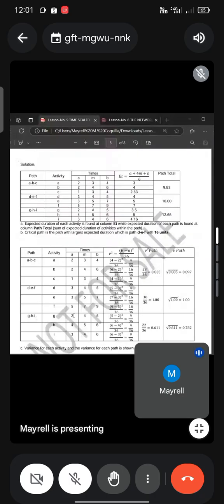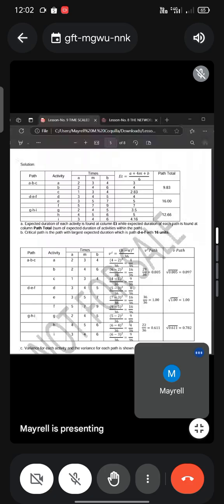Okay. So we can solve for the variance and the standard deviation. The values from column path and the column for time are the same here. And we can solve for the variance of each activity. The formula for variance is the quantity of B minus A, squared, over 36.